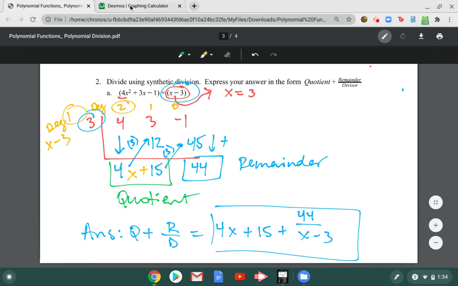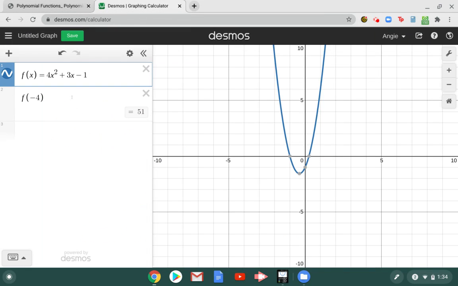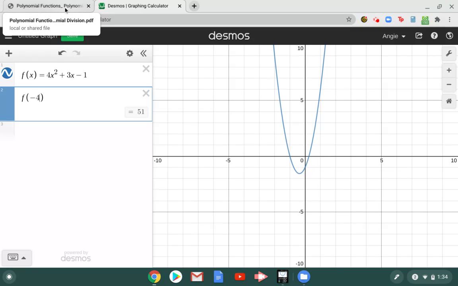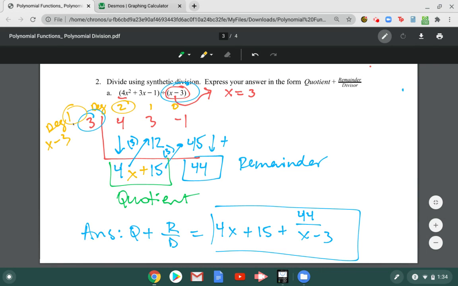Okay, good. So here it is. I want to evaluate this at the number that I used as the possible 0, and it turned out it wasn't a 0. I divided in that 3. So this 3 was a possible 0. But because of this 44, it's not a 0 in the end.